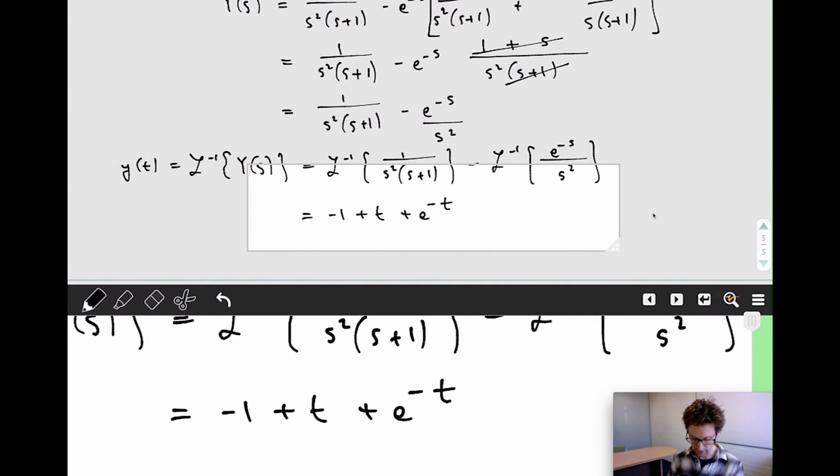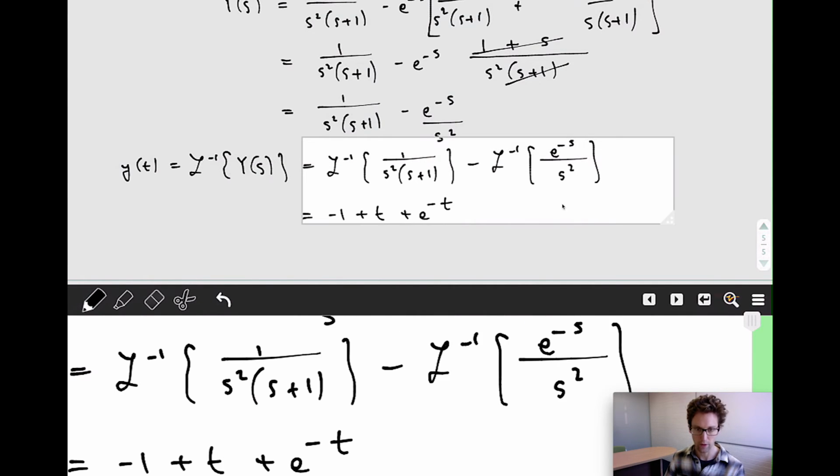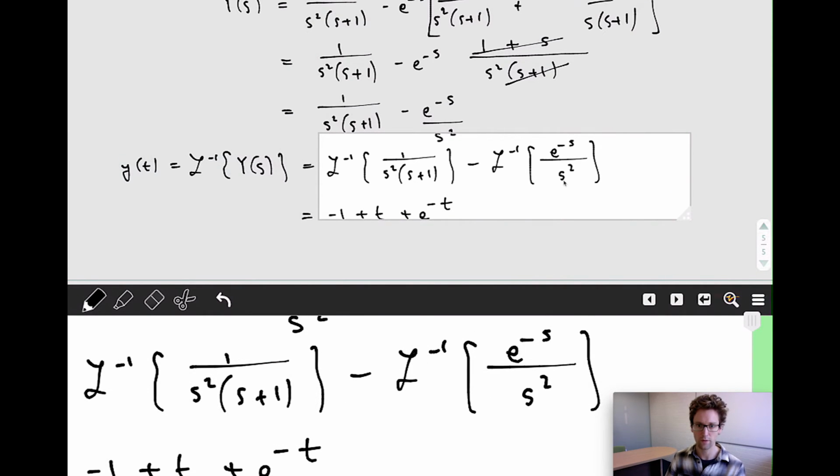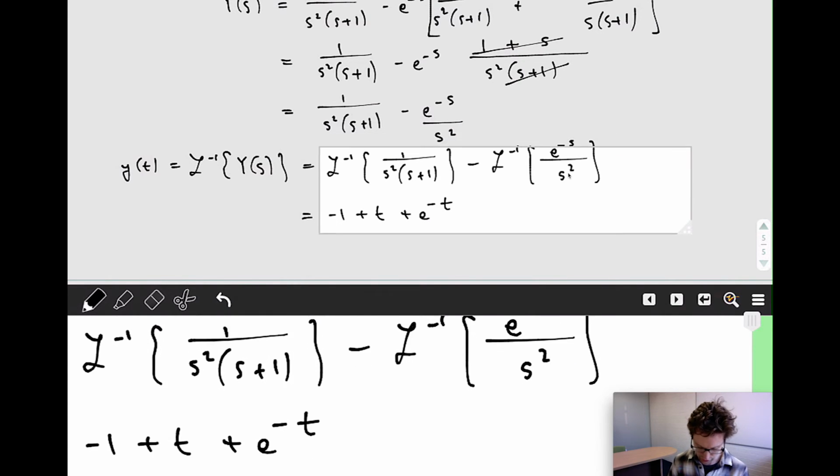What about the next part, the inverse Laplace transform of e to the minus s over s squared? We actually saw that also in part B. It's a function of s multiplied by an e to the minus s, so we're going to use the second shifting theorem for that. The e to the minus s is going to become a shift and a cut, and the inverse Laplace transform of 1 over s squared is just t.